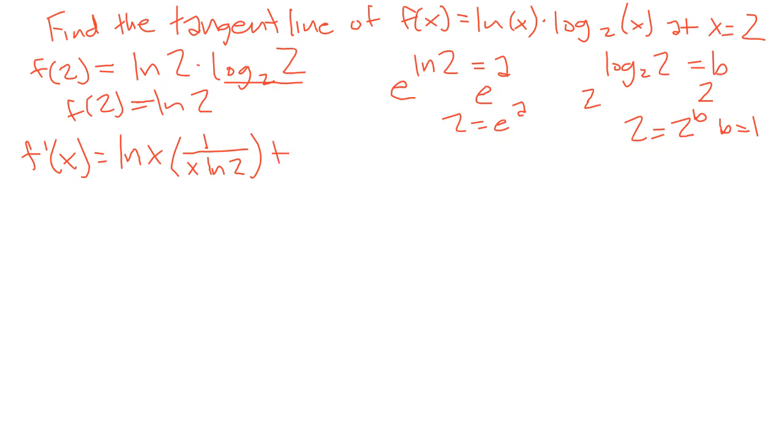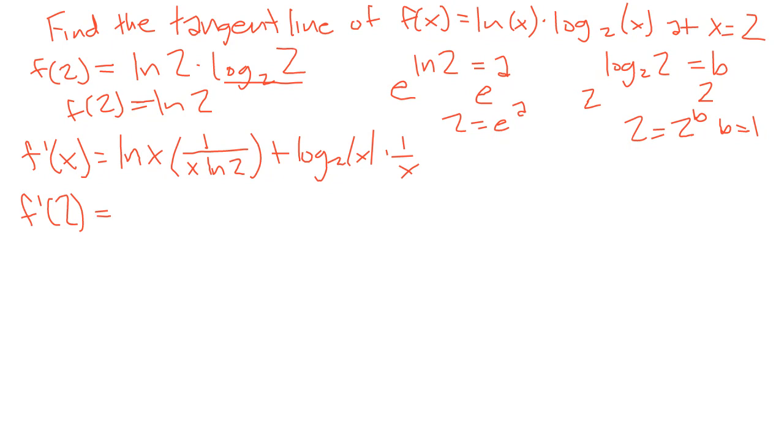Now, if we leave our log base 2 alone and take the derivative of our natural log, we're going to get 1 over x. So now let's move on to finding our slope, which is going to be f prime of 2.